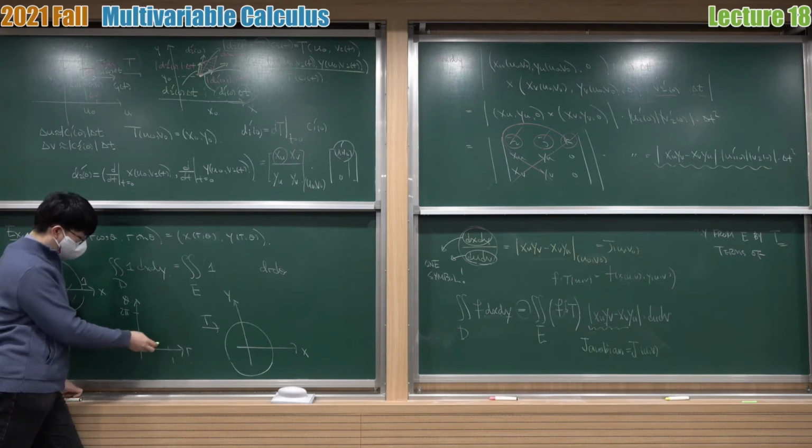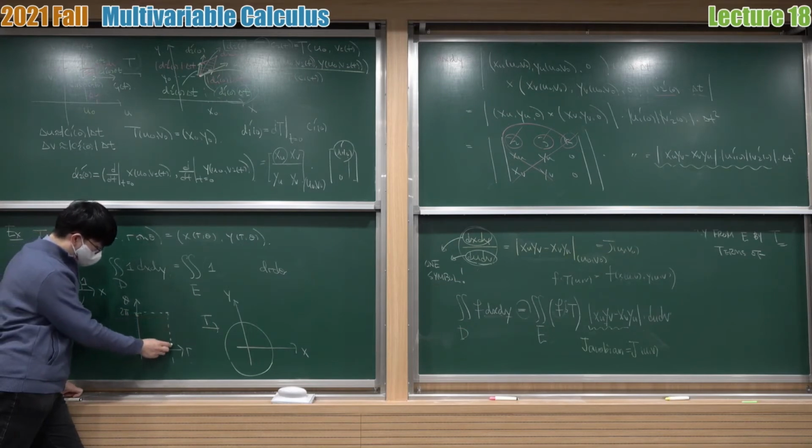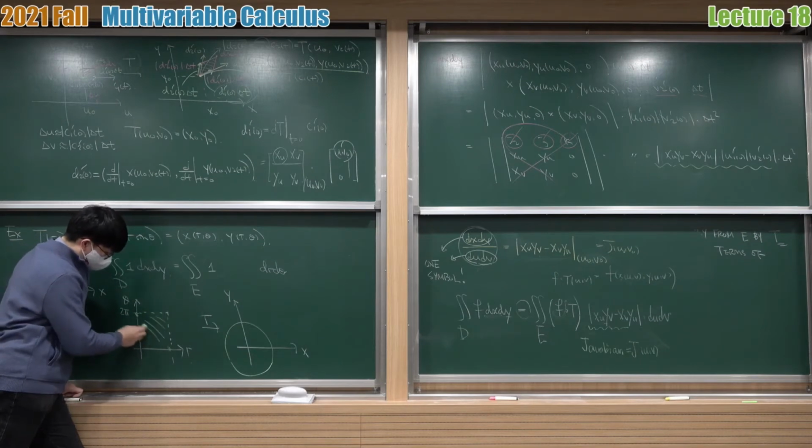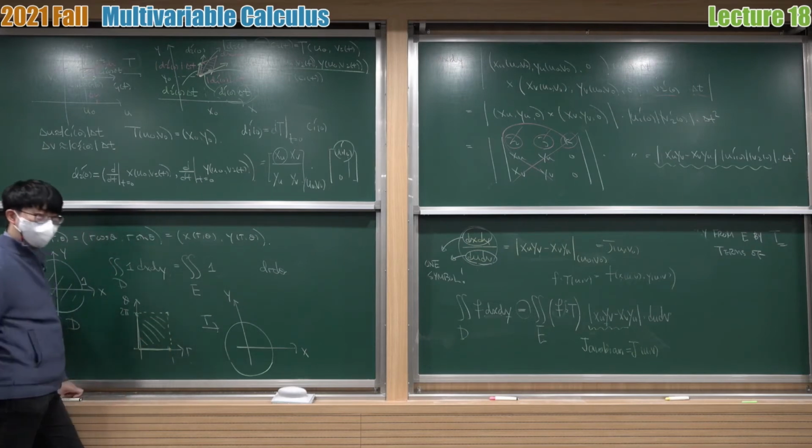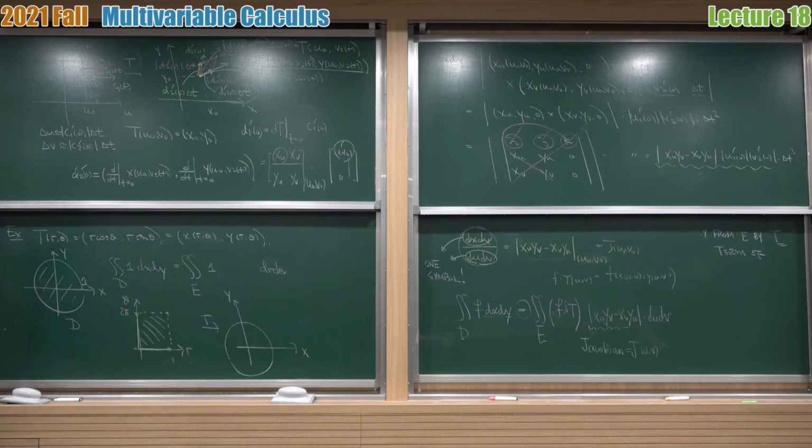You can exclude 0, or include 0 and exclude 2 pi. But let's say this one. You might include one of the horizontal boundaries and one of the vertical boundaries. So this should be almost one-to-one, but there's one point that cannot be one-to-one at all.